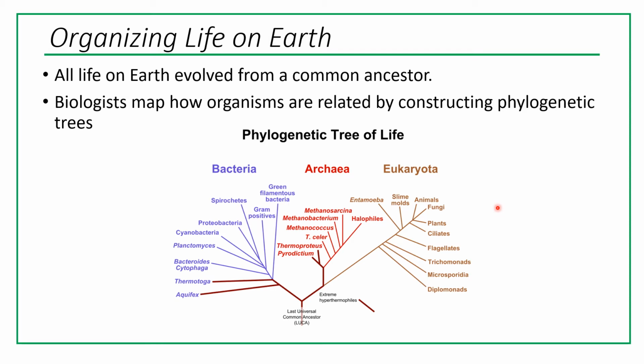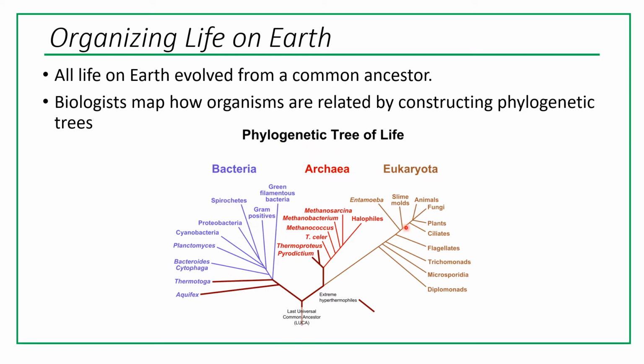So all life on Earth evolved from a common ancestor. Biologists map how organisms are related by constructing phylogenetic trees. On the diagram below, you can see an example of this phylogenetic tree.